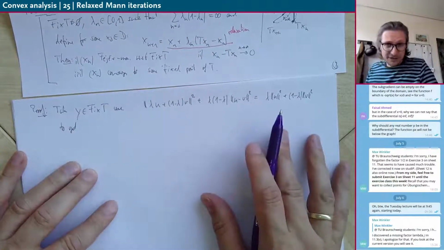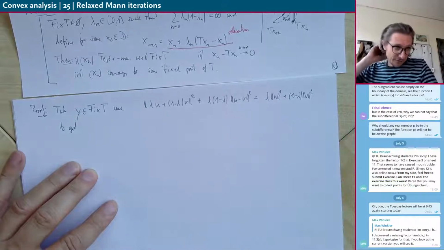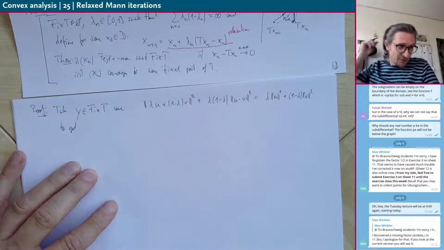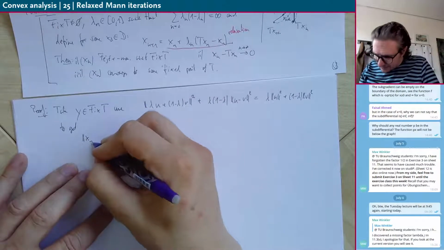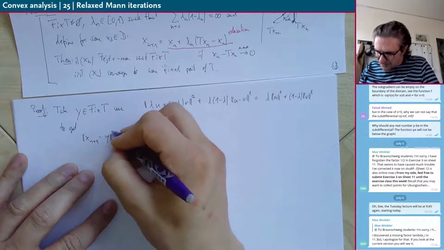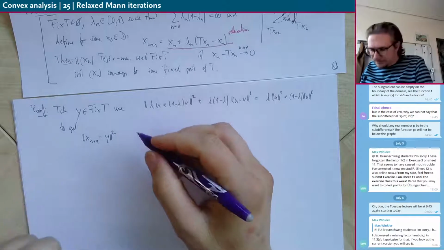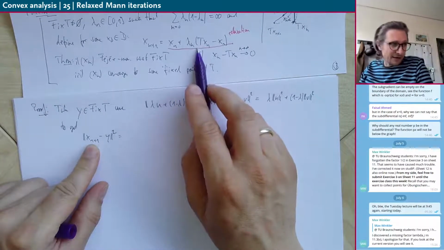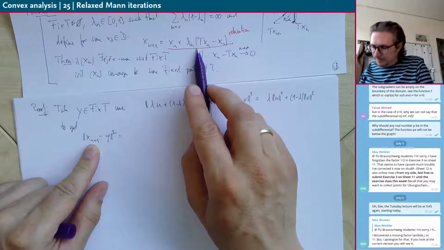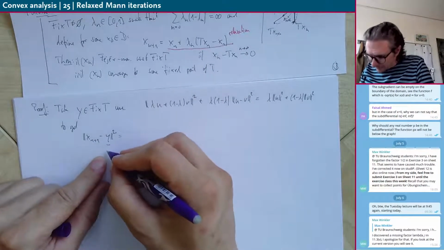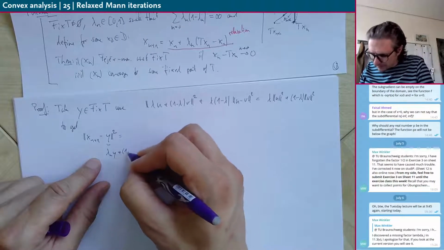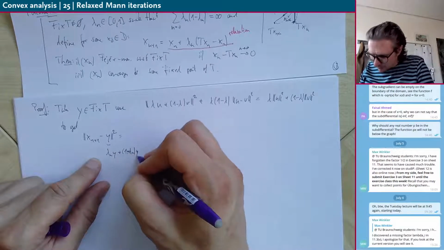It's true, and you can just check it by calculating everything, and then it works out. Okay, so what do we get? We look at xn plus 1 minus y. We would like to see that this is converging nicely. So now we plug in the definition of xn plus 1. And moreover, we replace this y as lambda n y plus 1 minus lambda n y.